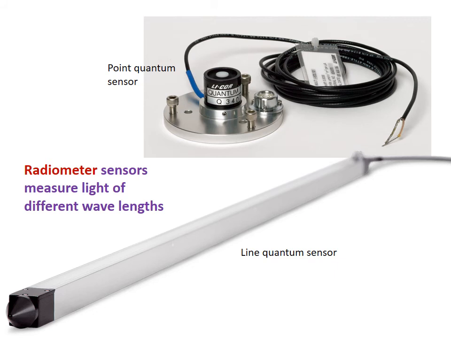If somebody is making measurements of photosynthesis, this kind of radiometer is important. And you can see below a rod-shaped radiometer which has a number of radiometers mounted inside. You can't see each of them, but this is actually meant for making measurements below the canopy in a forest.